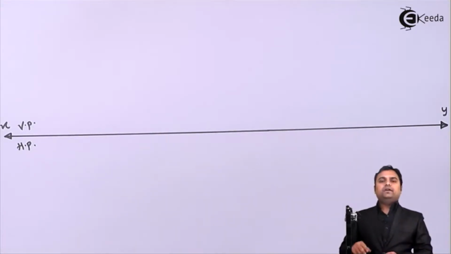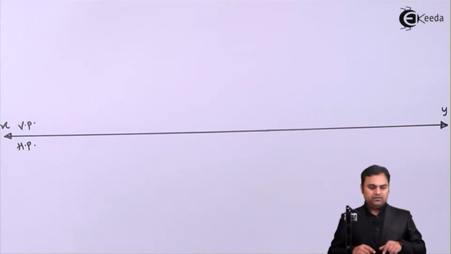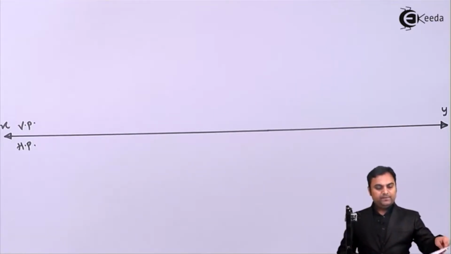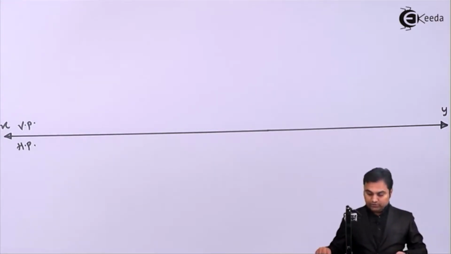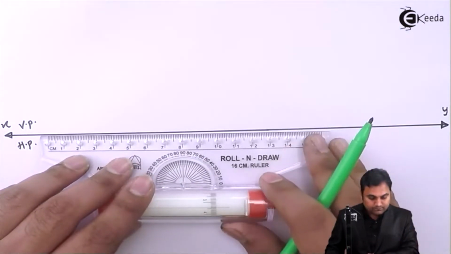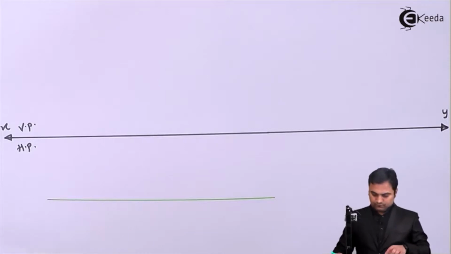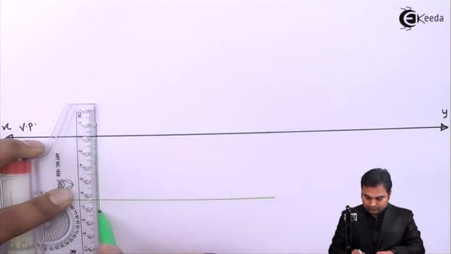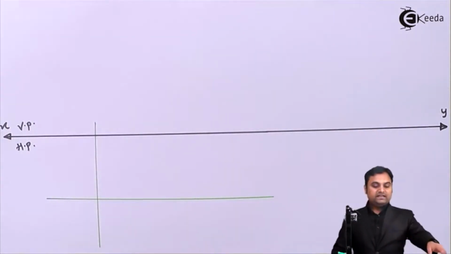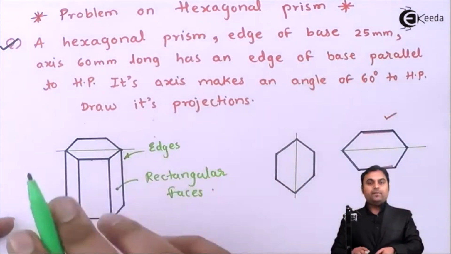Now, the hexagonal prism will be seen in the top view as a hexagon because it is in HP and the edge of base is parallel to HP. So I'll draw the hexagon for that. Now the side is given as edge of base 25 mm long.